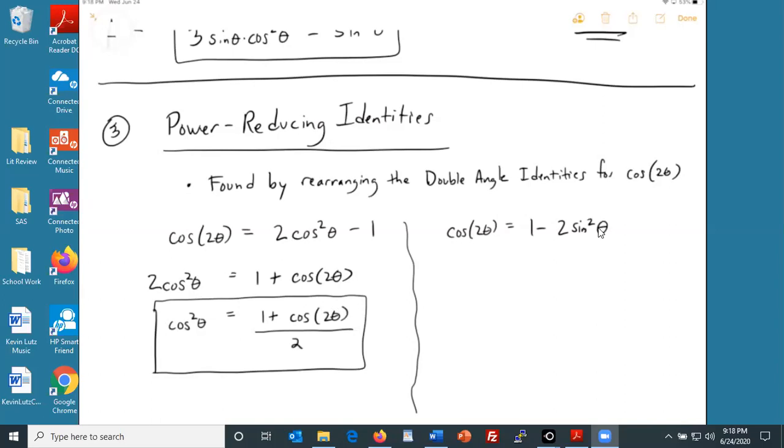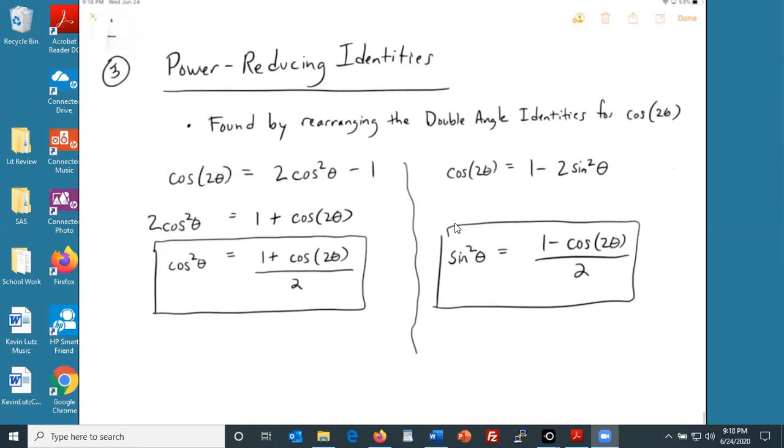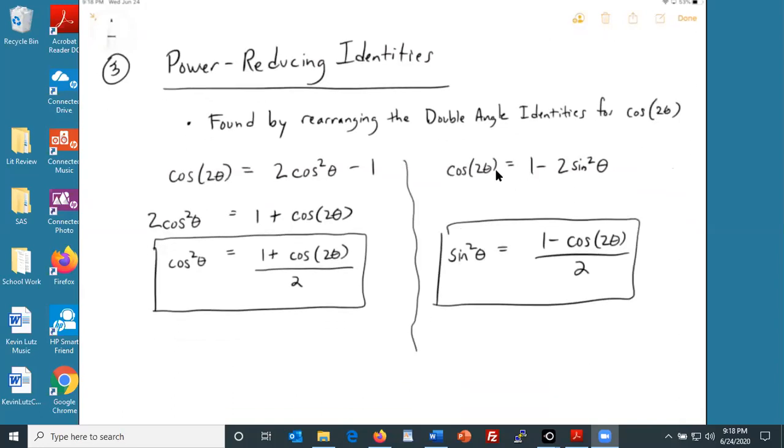All right, and then working this one, we get a similar expression. We get sine squared of theta equals 1 minus cosine of 2 theta over 2. We won't solve that one, but it's found the same way by subtracting 1 and dividing by -2. It just reverses the sign there.